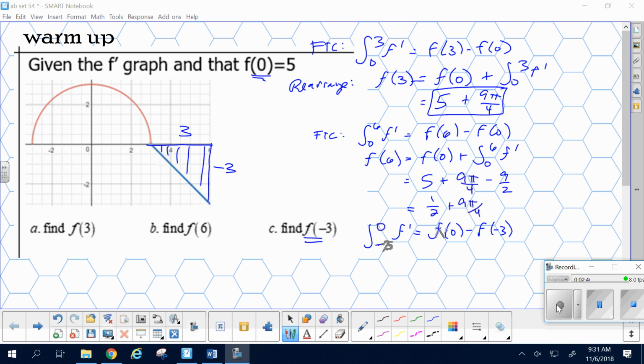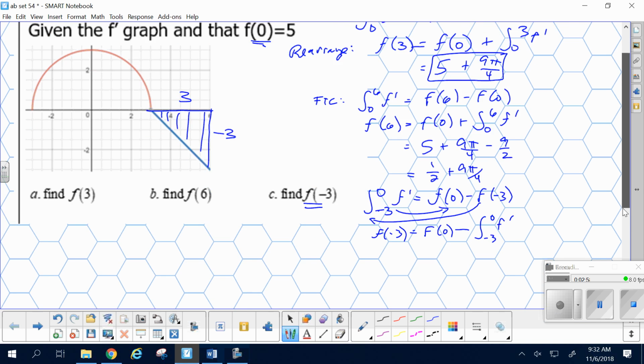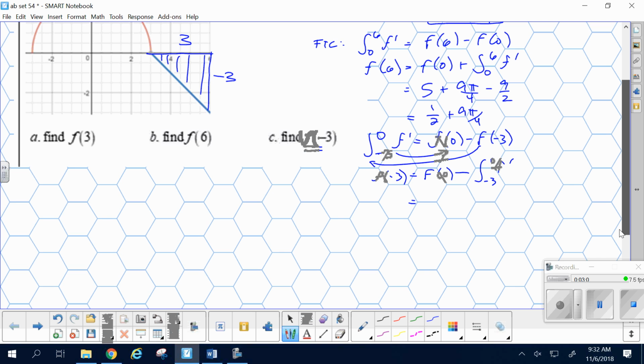So if I want f at negative 3, I need to move it over here and this guy back. And so f at negative 3 is actually f at 0 minus the area under the curve. Think of it as undoing the change. All right? F at 0 is 5 minus 9 pi over 4, right?